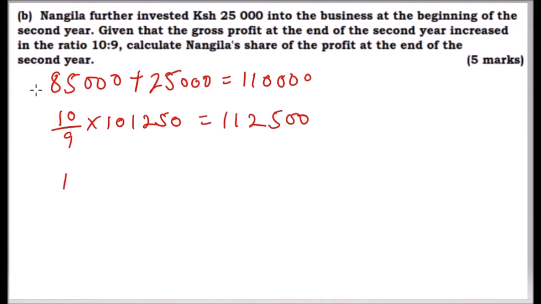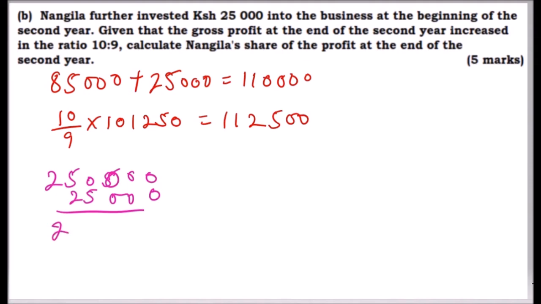Now it means Nagira is to share. They had a total of 250,000 in the first year, so you add 25,000 to get the new shares. So this will give you 275,000. That is the total share.